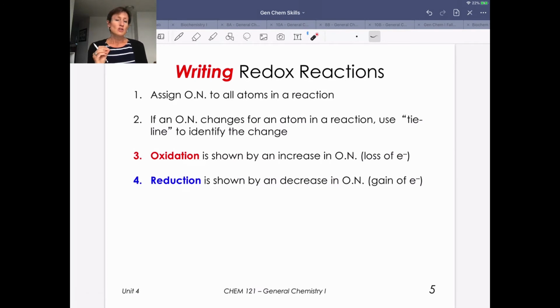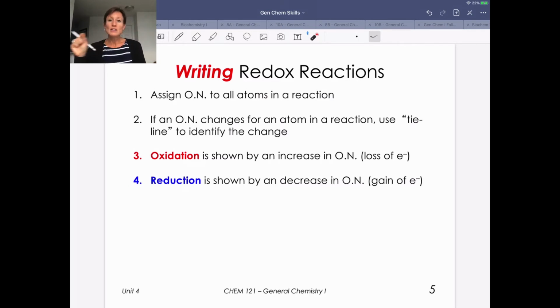One of the skills you're going to need is to look at an equation, look at a reaction, and identify who is being oxidized, who's being reduced, who's the oxidizing agent, the reducing agent, those terminologies. We're going to go through a 4-step process. I'm going to go through an example problem with you, showing how we assign oxidation numbers to all species in the reaction.